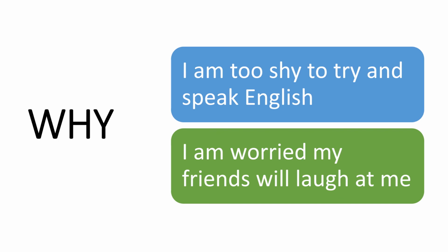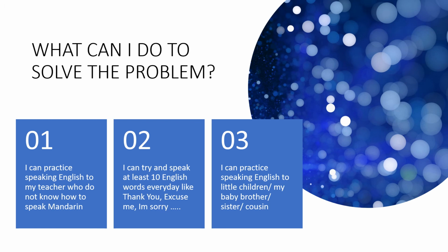After you say the problem, the suggestion, then elaborate. Like just now I said, why do you speak to little children? Because when you speak to little children, you don't feel shy, you can practice English better, and you will be more used to the language itself.